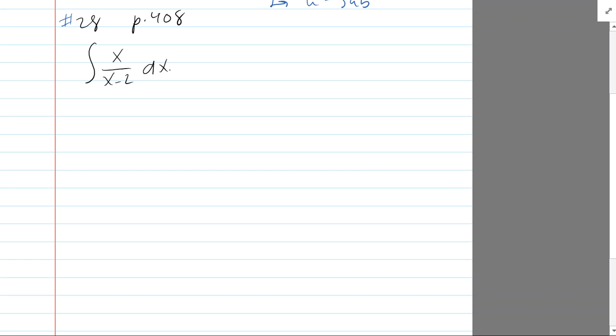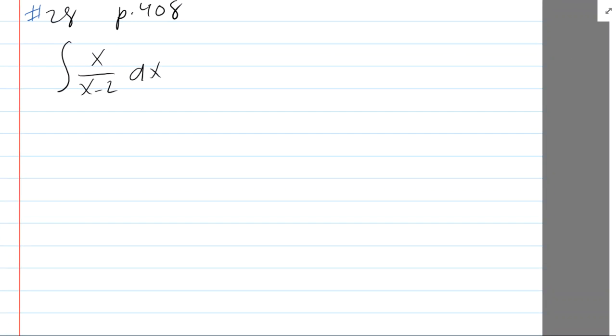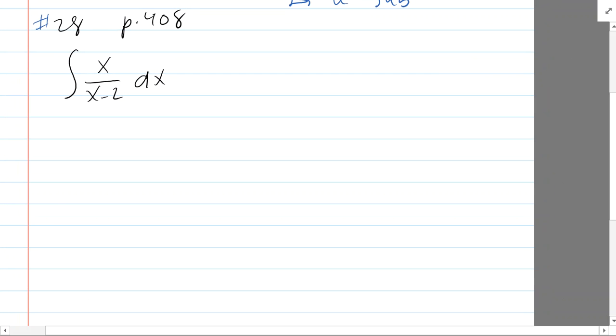Another hint on finding u sub is find the things that are most complicated. This is fairly simple, but it's a little messy, right? This is a weird one. We're going to pick the worst thing we can find. That's going to be our u.